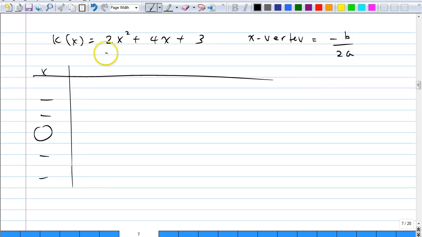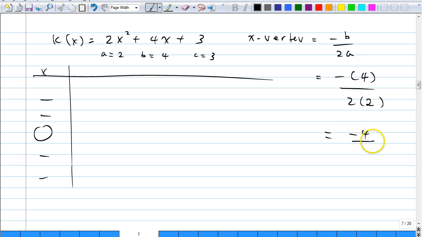What is your a in this case? 2. What is your b? 4. What is your c? Okay, so let's plug it in. Negative something over 2 times something. Hopefully this time I won't make a mistake. What am I going to plug in for b? 4. What am I going to plug in for a? 2. So it comes out to negative 4 over 4. What is that? Negative 1.